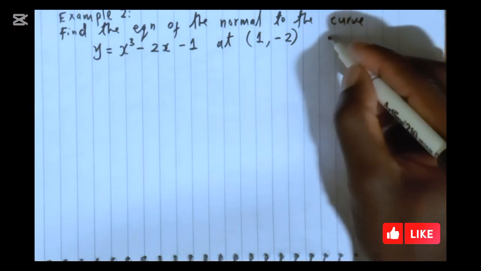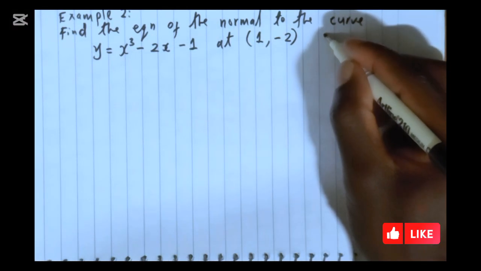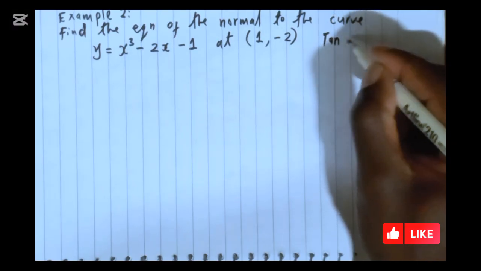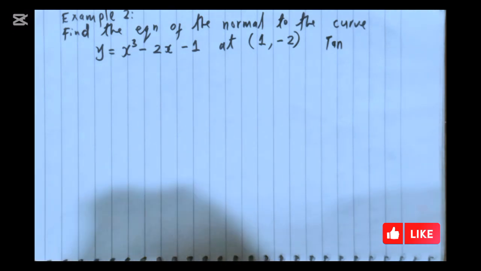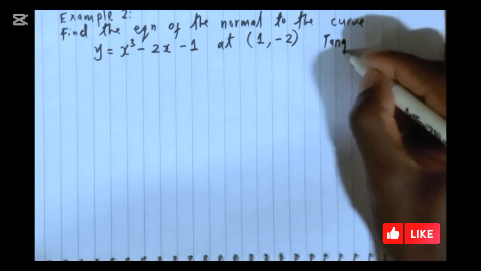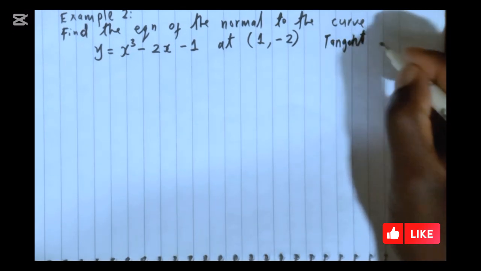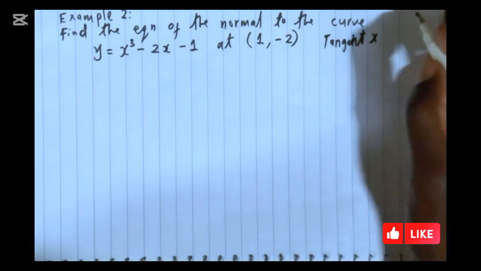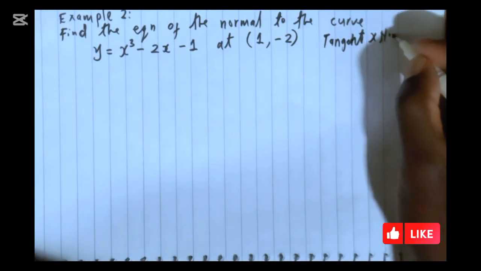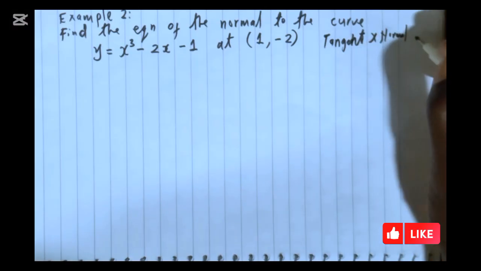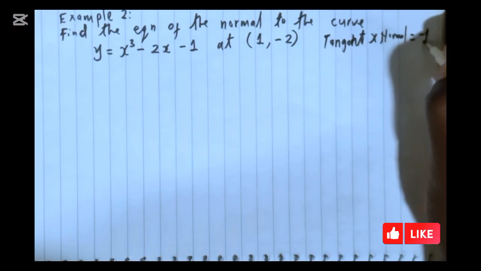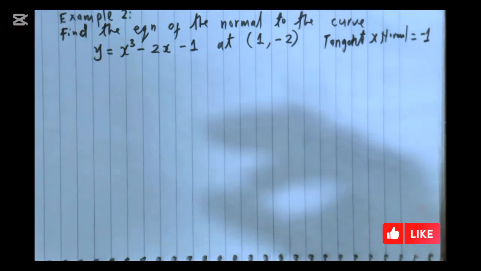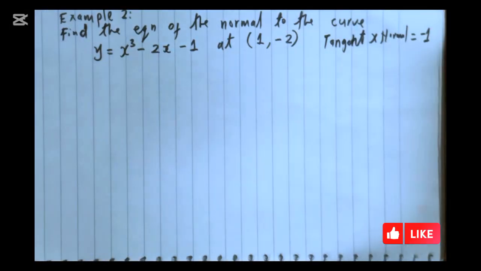So as a side note, I'm going to have it here, that the product of the gradient of the tangent and the gradient of the normal to a curve will always be equal to -1, and that is because they are perpendicular to each other.